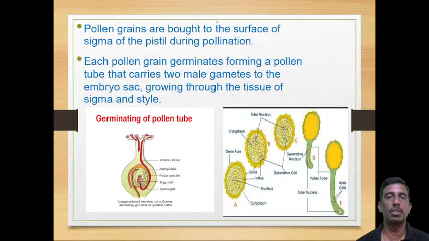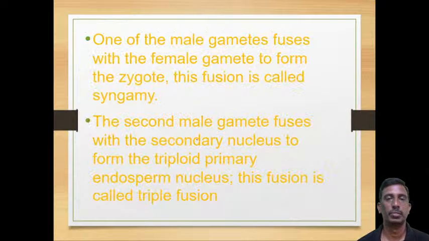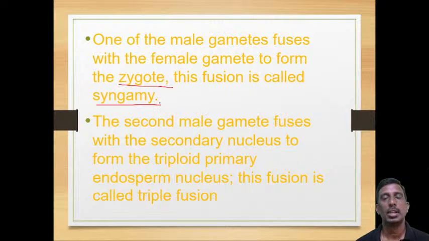So pollen grains will fall on the stigma of the carpel, by which they will form pollen tube, and through pollen tube it reaches the ovule. In fertilization, one male gamete will fuse with the female gamete, which is called syngamy. The second male gamete will fuse with secondary nucleus, which will form a triploid primary endosperm nucleus, which is called triple fusion.